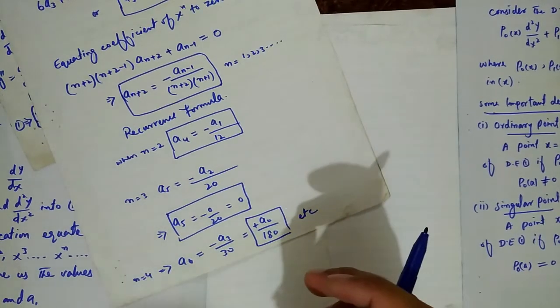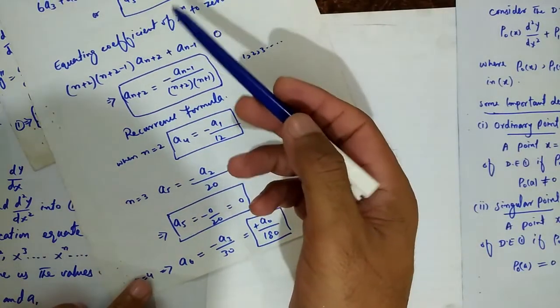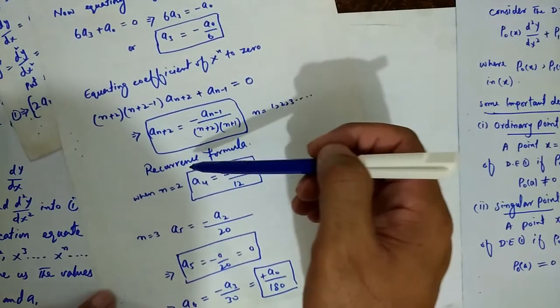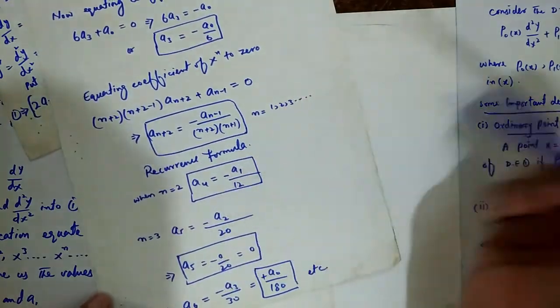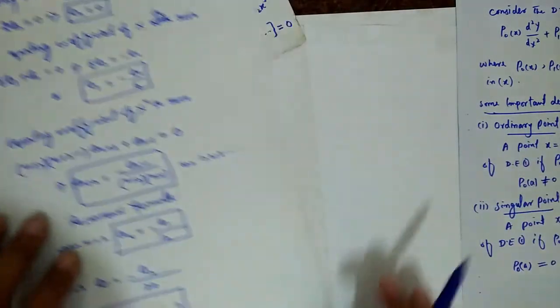So now substitute all these coefficients, that is a0, a2, a3, a4, a5, a6 and so on in equation number 2. So we will get our final solution.